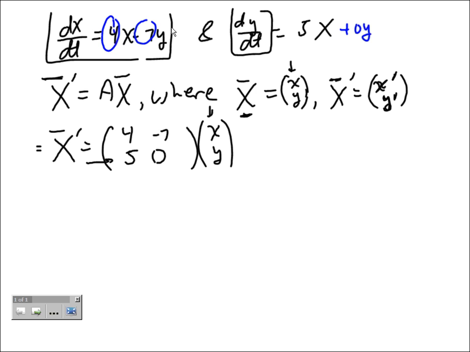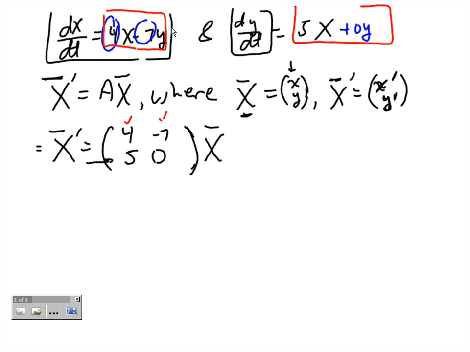The only thing is we should just call that x bar. So all I did was take the coefficients from here, x first, y second, and put them there. Over here, I was mathematically mature enough to add 0y, and I put the 5 and the 0 down here.